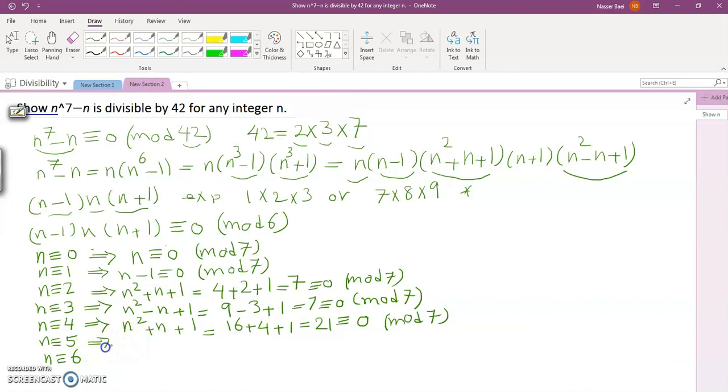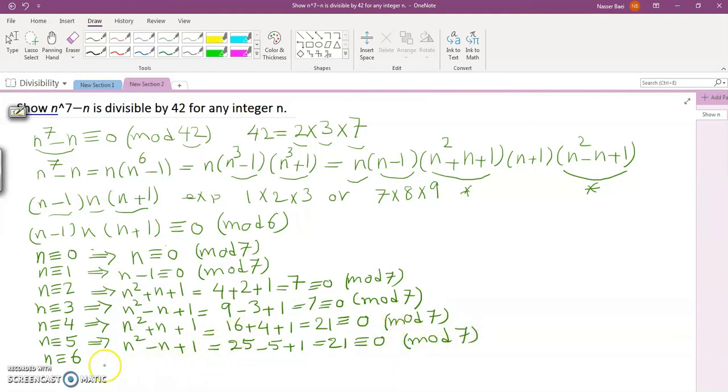Next one, which is 5, once again this one will be our solution. So n squared minus n plus 1 will be 25 minus 5 plus 1, which is 21, and 21 is 0 in mod 7.